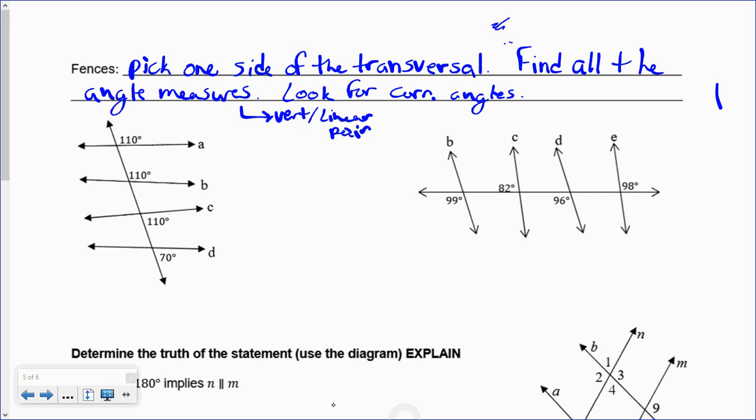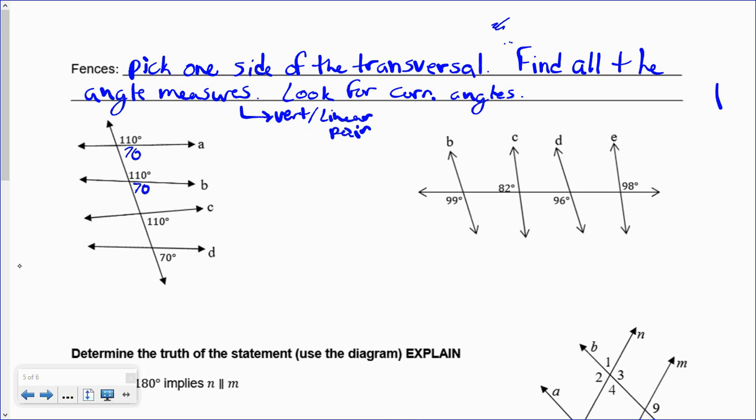And then once you have all the angles filled out, you're just going to look for any corresponding angles that match. For example, if I know this angle is 110, what would this empty one be? 70. Good. This one's 110. What would this empty one be? This one, linear pair, 70. We don't know if the lines are parallel right now, guys.